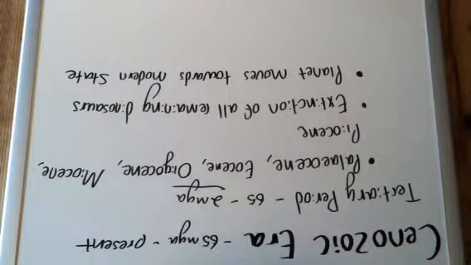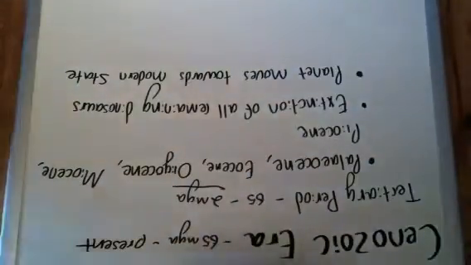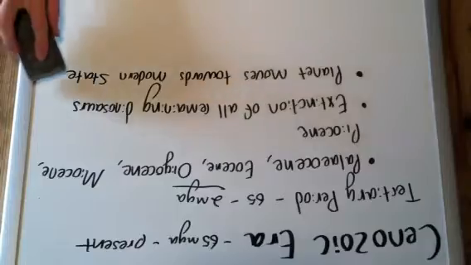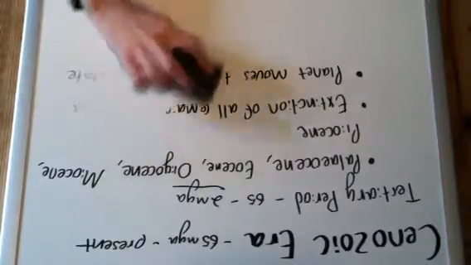So those are the big things that I fit under the Tertiary period. Maybe in a future video I'll break down each of these smaller epochs. However, for the sake of keeping it short in this video, I decided just to list them and talk about the bigger things within the Tertiary period itself.